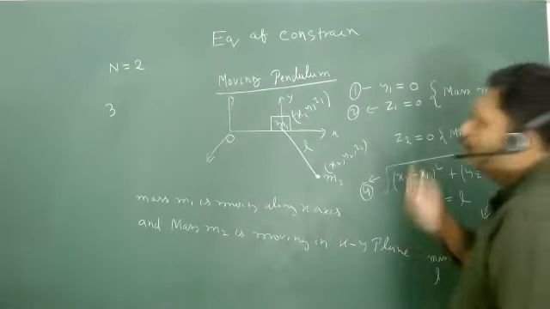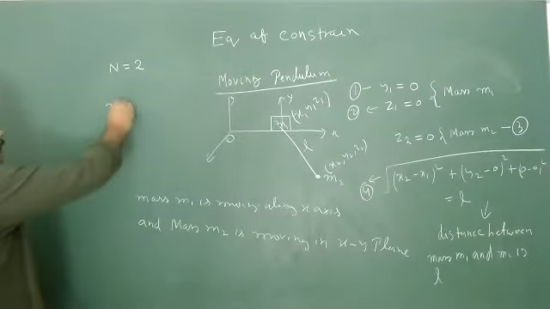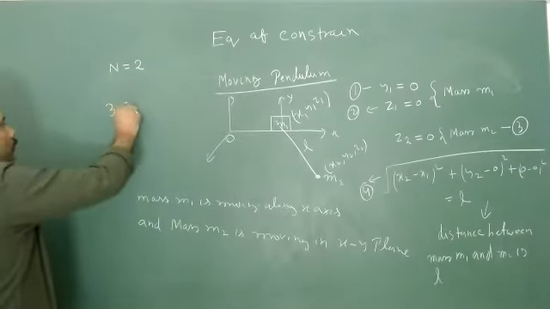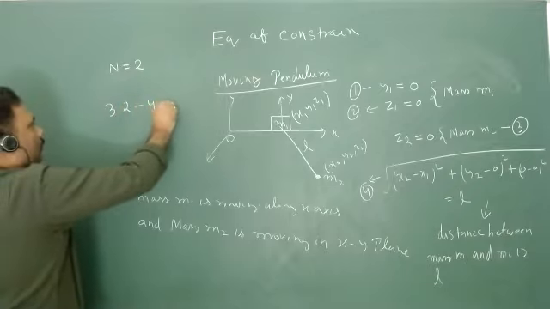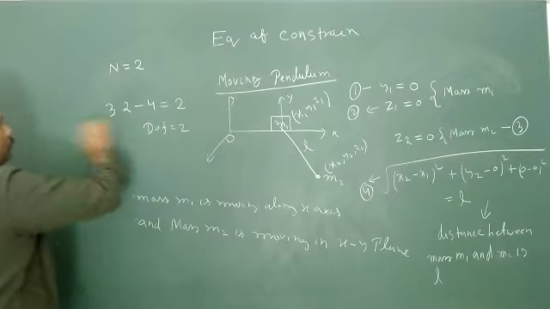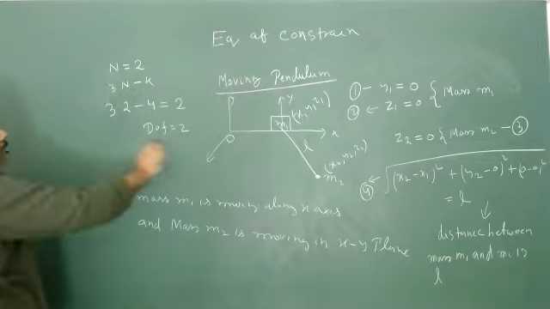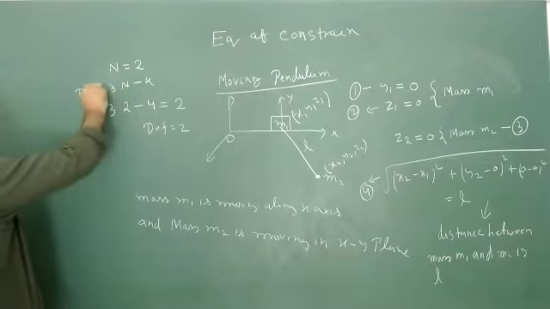So this is all about my constraints. So we have degree of freedom 3 times 2 minus 4, which is equal to 2 degrees of freedom. This is 3n minus k. So DOF is equal to 2.